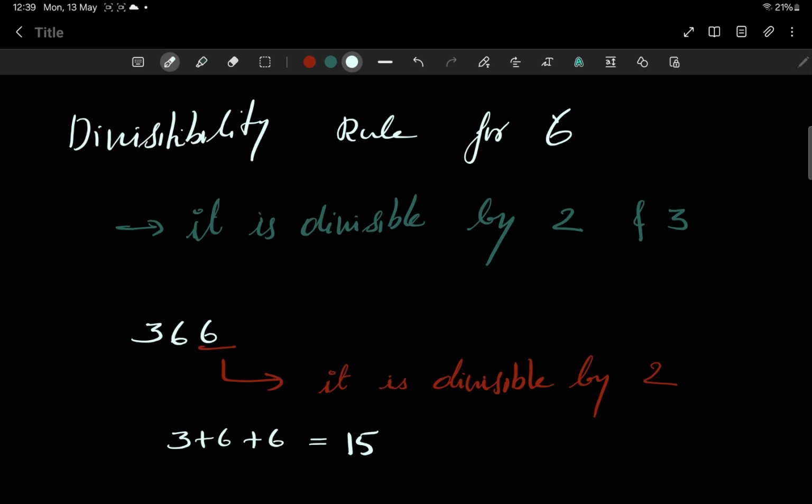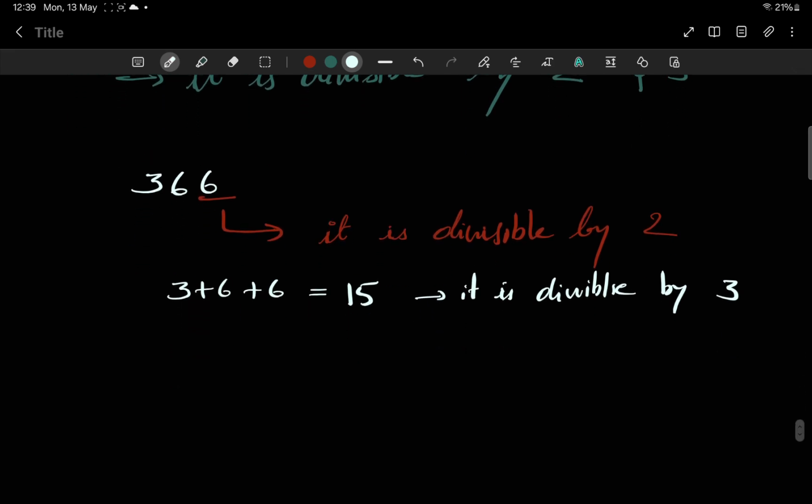So therefore it is divisible by 3. So both conditions are satisfied, that is it is divisible by 2 and it is divisible by 3. Therefore 366 is divisible by 6.